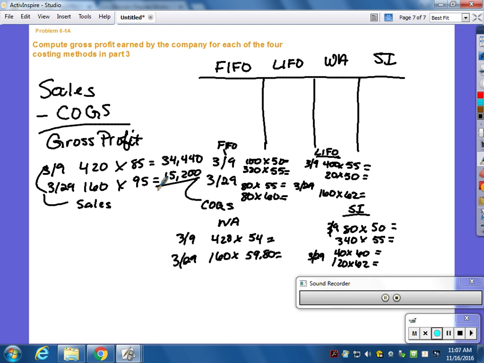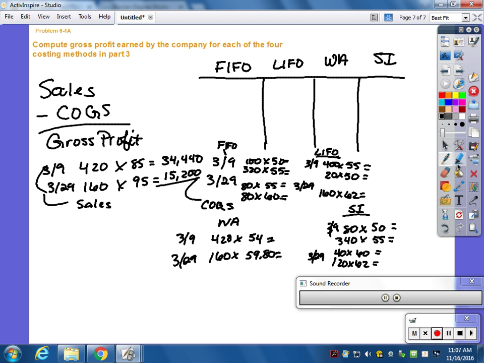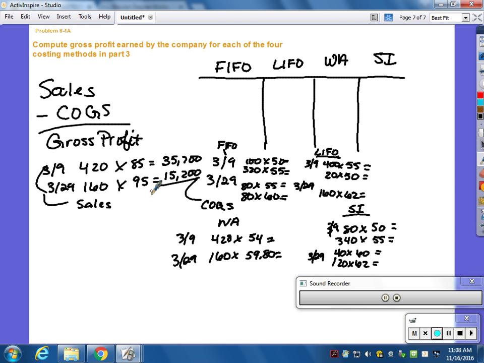That's where 35 is supposed to be 35,700. 35,700 for a total of what? 50,900. So we know, if nothing else, sales for each one of these is 50,900.